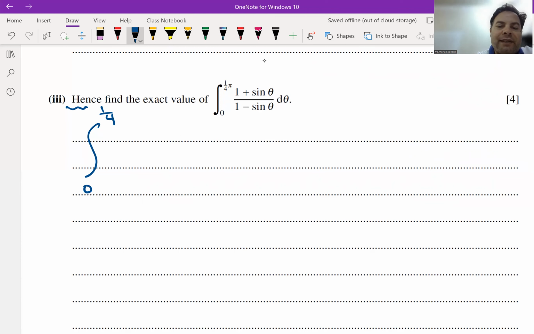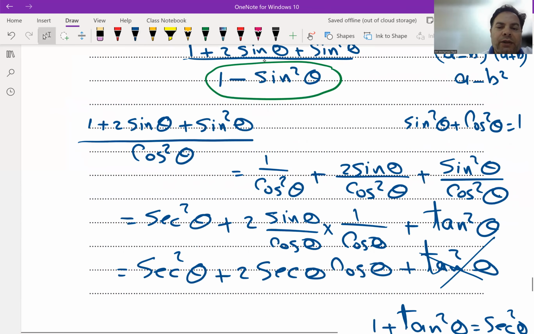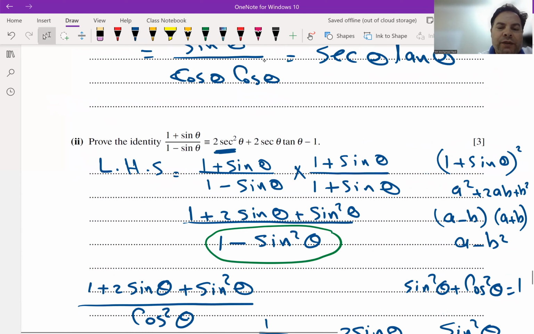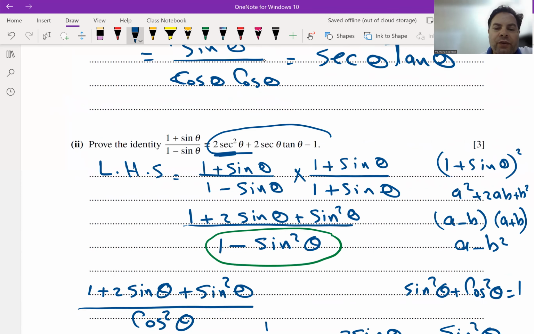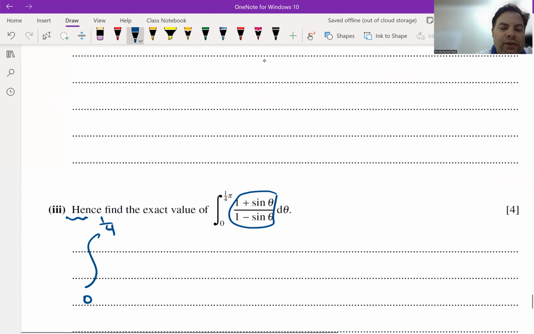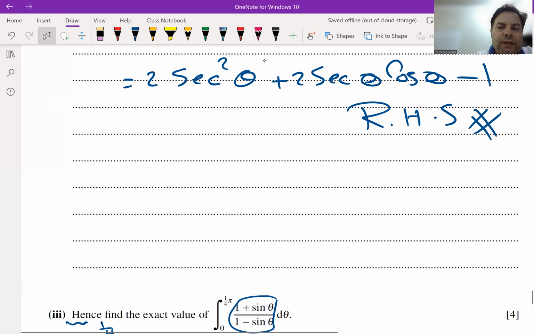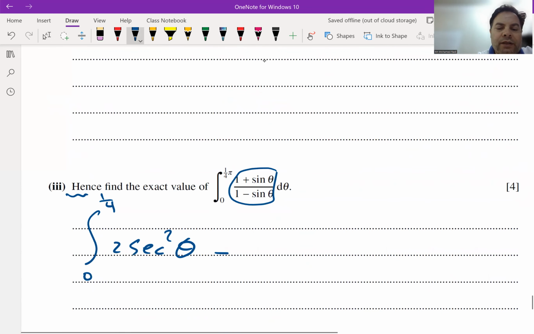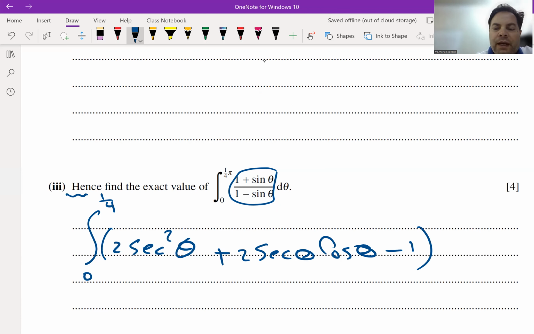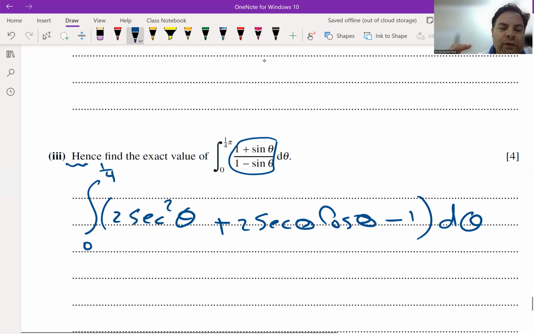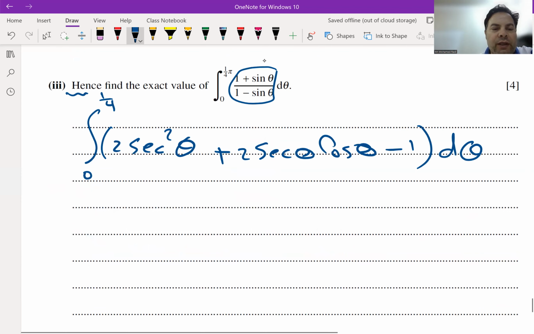So instead of integrating this part, I integrate the right-hand side: the integral of 2 sec squared theta plus 2 sec theta tan theta minus 1, d theta. How to use part 1 and part 2? We already use part 2 by writing the right-hand side.